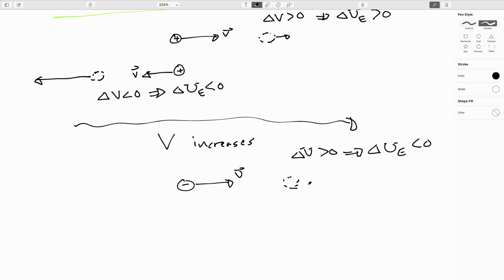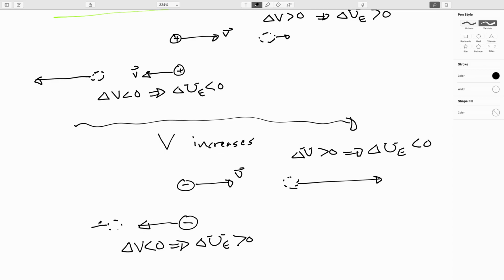So that means the kinetic energy had to have increased, and so our negative charge would have picked up speed. Similarly, if we went in the other direction, over to here, the change in the voltage would be negative, but this would mean that the change in the potential energy would be positive. And that energy had to come from somewhere, so it would have come from the kinetic energy. And so now we're moving slower.